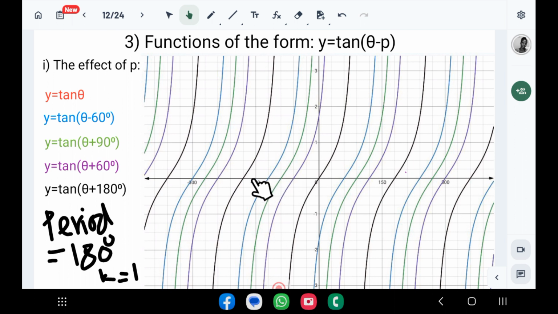Another 3, 1, 2, 3, that is negative 180 degrees. You get another one. And that's exactly where the graph of y equals tan theta landed. On the right, you also count 180 for the next x-intercept, 180. And there is the next intercept in the other graph. Same with the asymptotes. You figure out what the asymptotes of the main branch right in the center are, and then add 180 degrees to find the next asymptote, and so on and so forth.